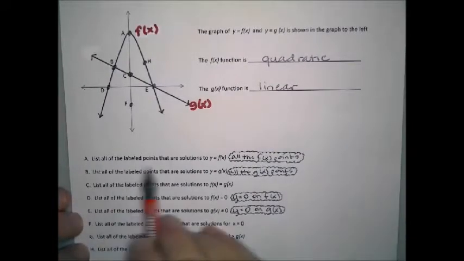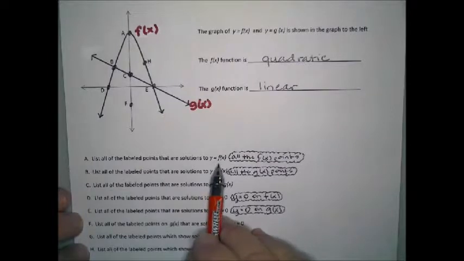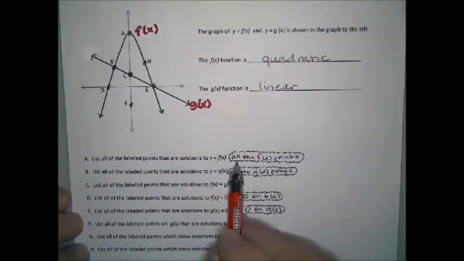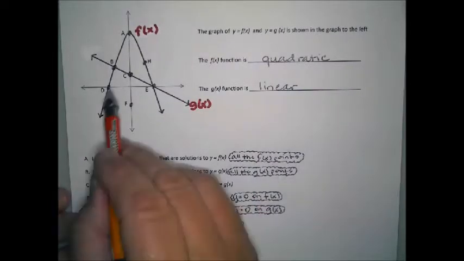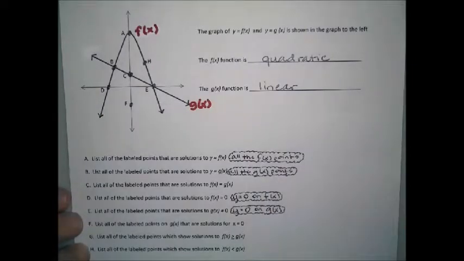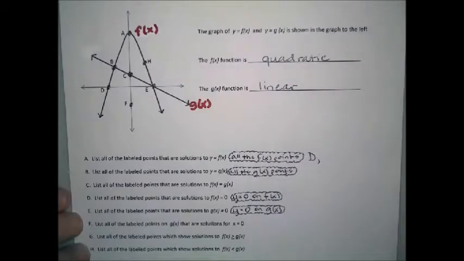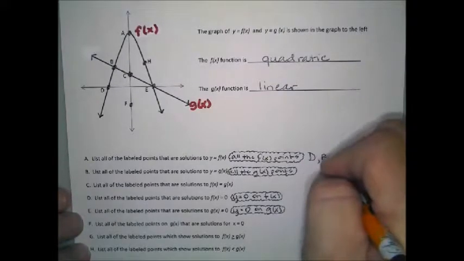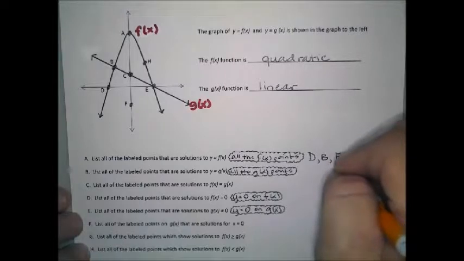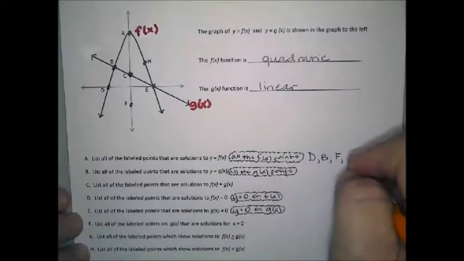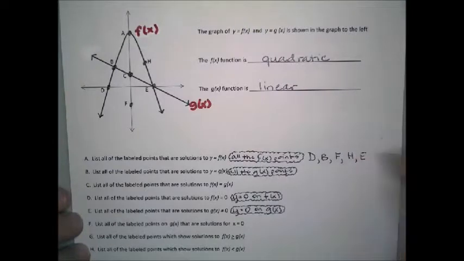List all the labeled points that are solutions to y equals f of x. Again, it's just all the labeled points that are on f of x. So we're looking at D and B and F and H and E. Similar question, only this time list all the labeled points that are solutions to y equals g of x.